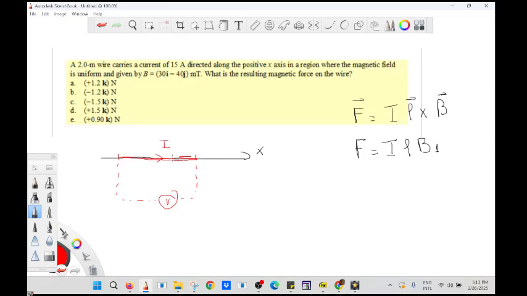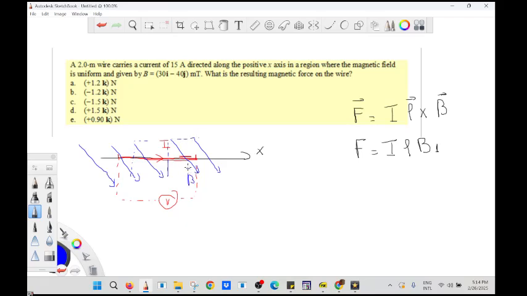So you have a current I, and you have a magnetic field. That magnetic field has two components. It has the X component, in this direction, and the Y component. So it does something like this. You see a vector has an X component and a Y component, and it's uniform. Okay, so it has a Y component and an X component.